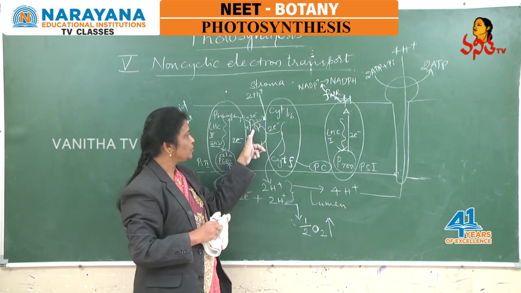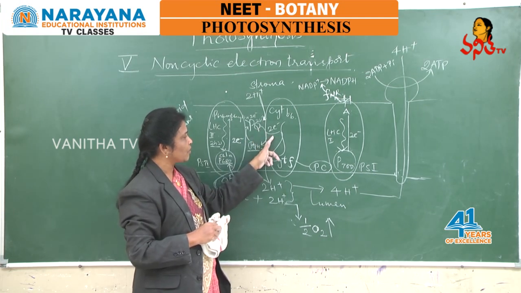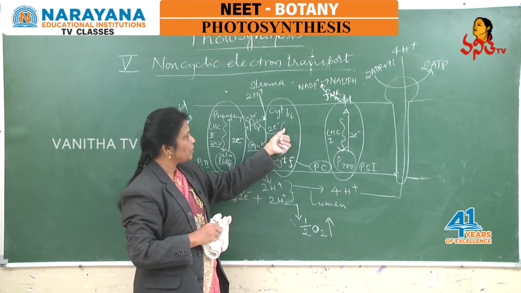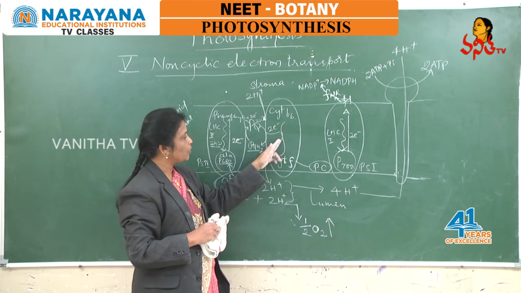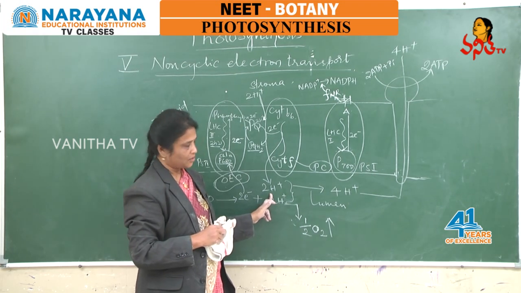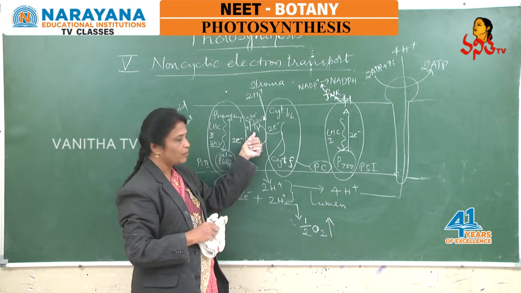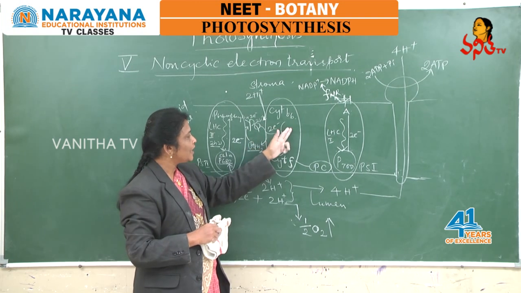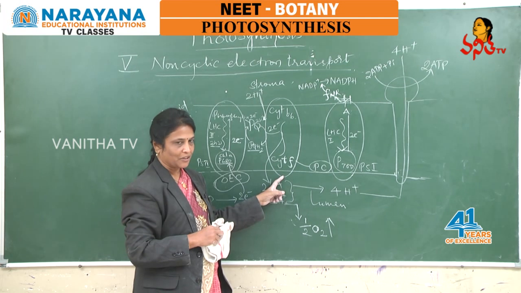And here, due to that oxidation of plastoquinol, again electrons and protons are released, and they enter the cytochrome complex, but the cytochrome complex receives only electrons but not protons. So the protons are left by the cytochrome complex into the lumen. So here proton translocation occurs as plastoquinone is both an electron and proton carrier, while the cytochrome complex is only the electron carrier but not the proton carrier.